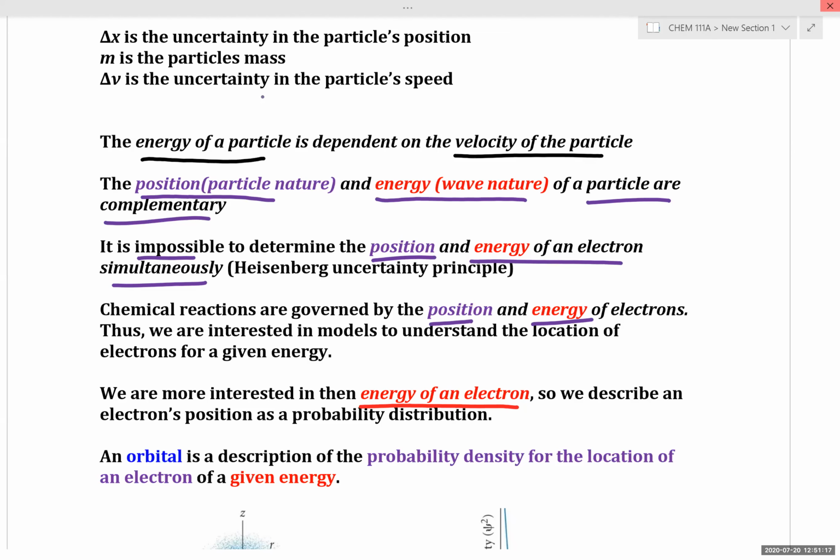So for a specific electron energy, we're going to describe the electron position as a probability distribution. We're going to say for a given energy, the electron is likely to be in a location. There's an inherent uncertainty to the electron's position, but we will be able to clearly define the electron's energy.